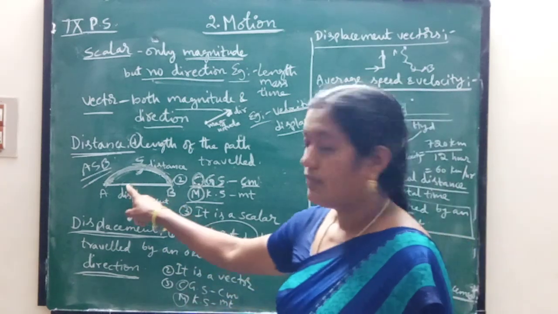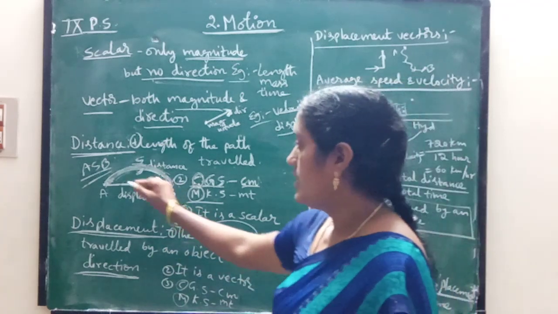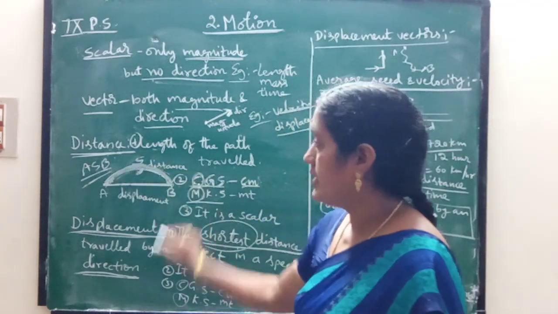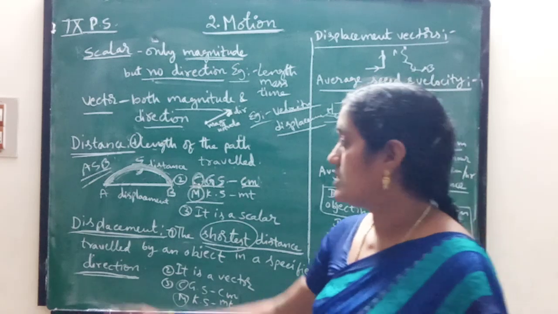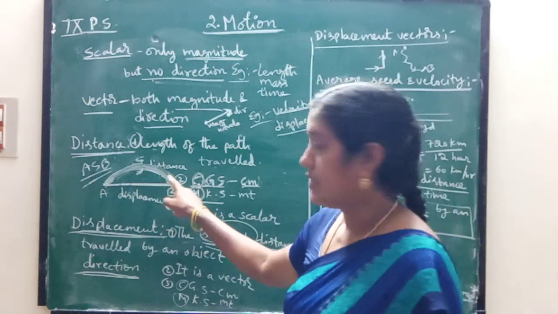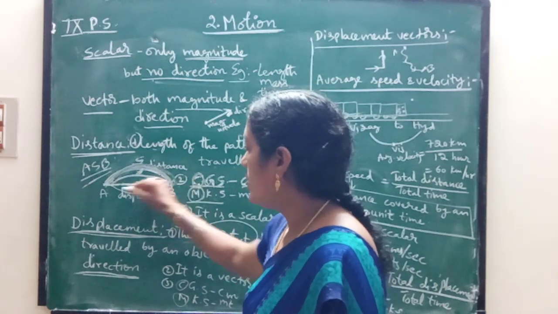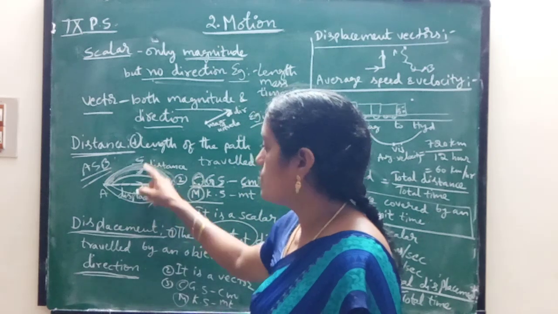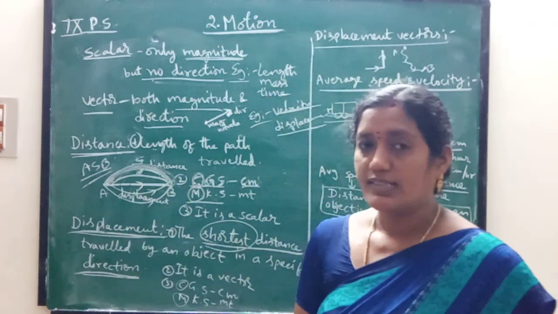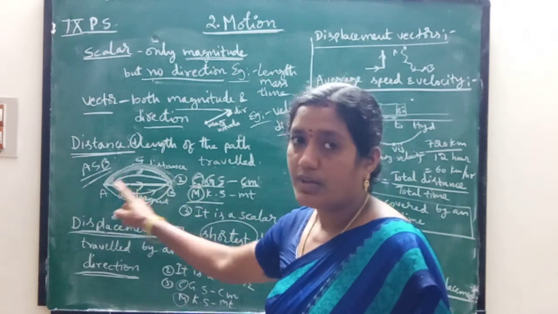So from this example, now I am going to explain what is displacement. I told you previously that this path is the length of the path travelled by this person in order to reach B. So this is the distance. Suppose there are so many ways for reaching B. All these ways are there. So he can choose any way. But what is the shortest way in order to reach B from A, children?